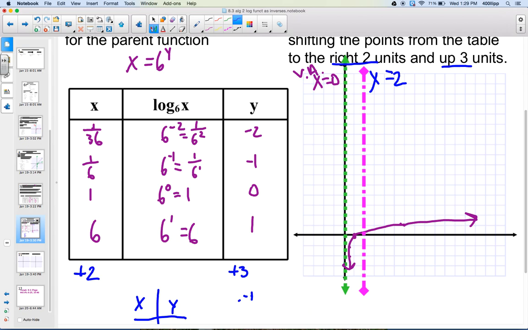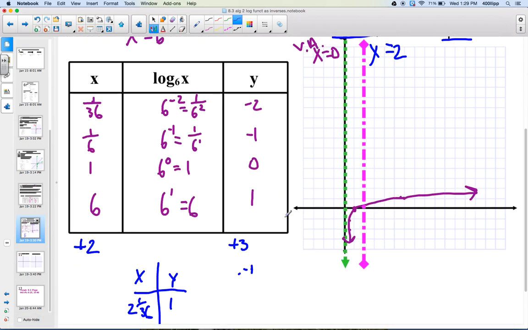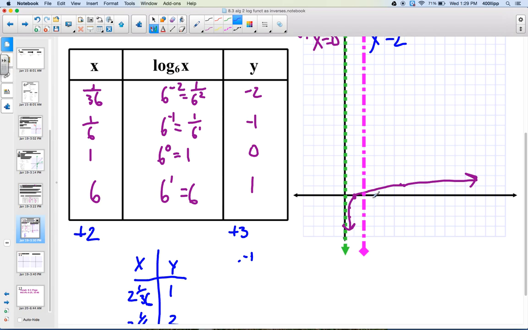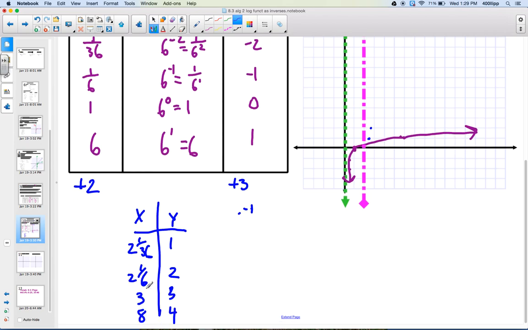So I have my table down here, 2 and 1/6, 1. Right there. I have 2 and 1/6, 2. That's right here. Then I have 3, 3 and 8, 4.